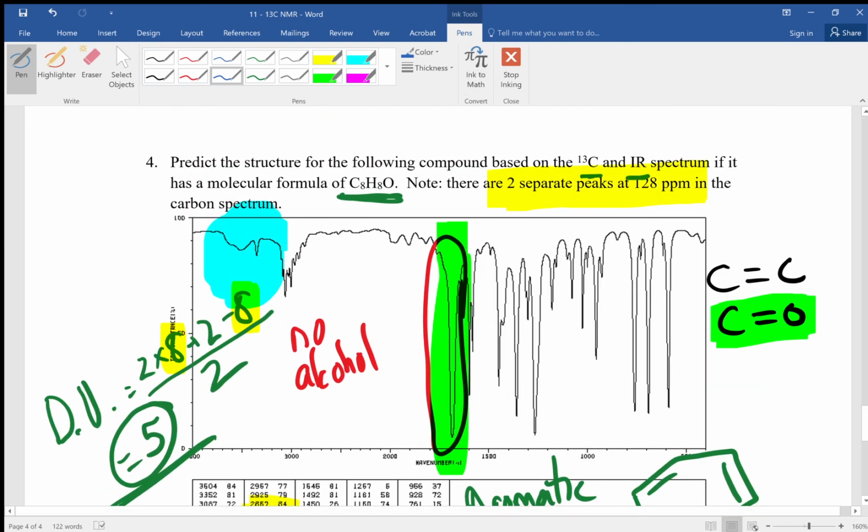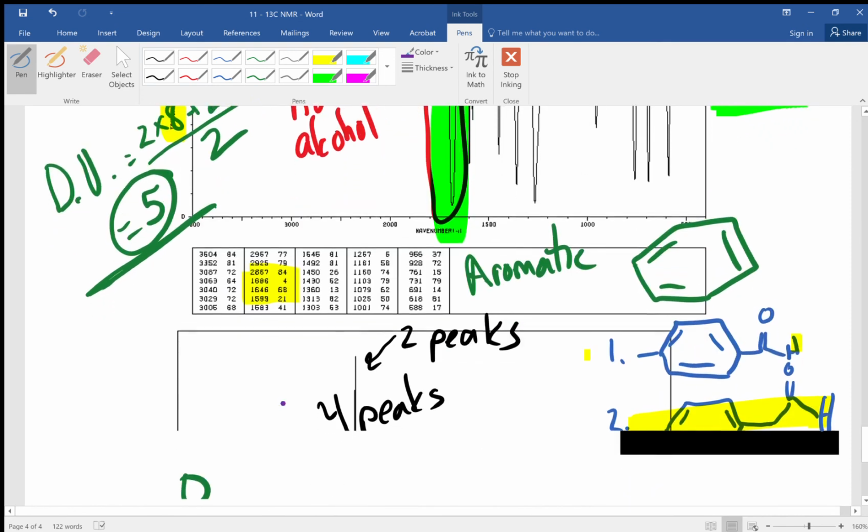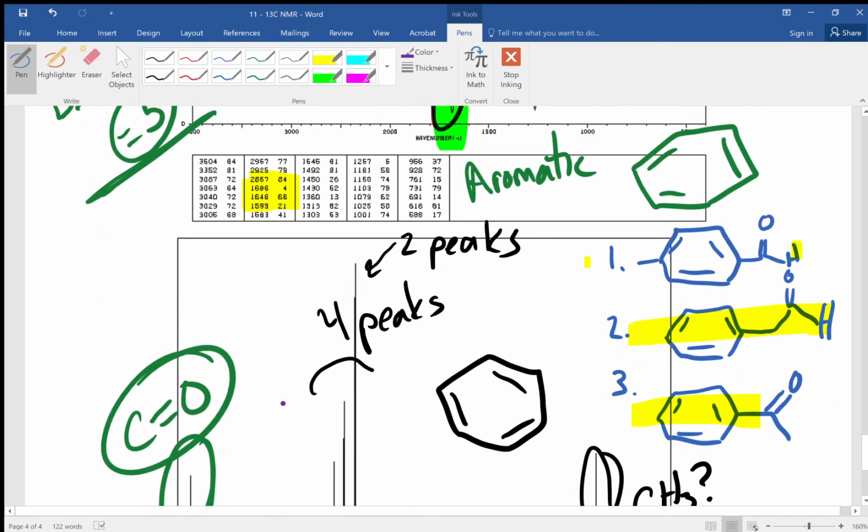And as soon as we go back up to this IR spectrum, we can see very clearly there's no aldehyde CH here. And if there's no aldehyde CH, there's probably not going to be an aldehyde in this molecule. So at that point, I can eliminate 1, and I can eliminate 2 because they're both aldehydes, and I can be almost completely certain that this is our correct answer.